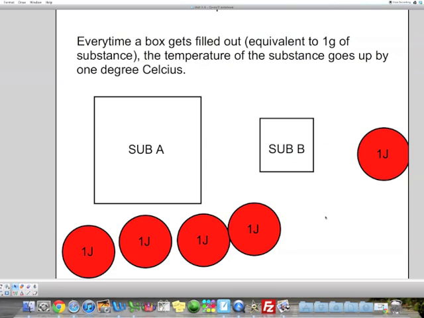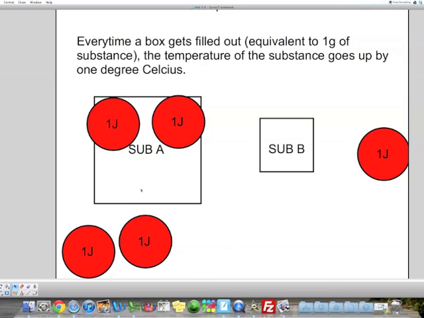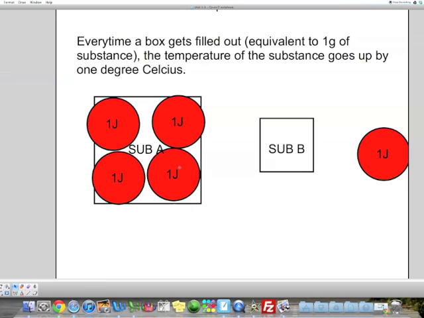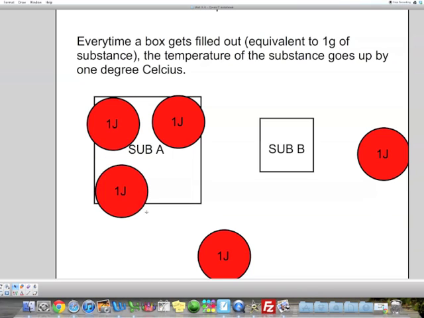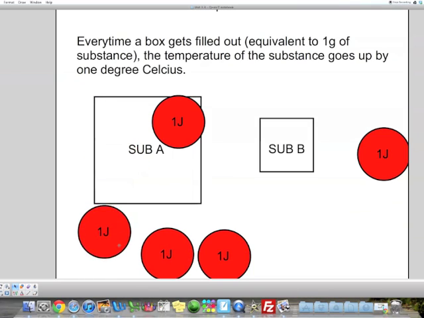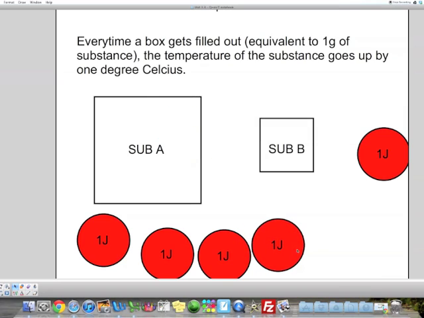Now, if I were to ask you which one will store the biggest amount of energy, again, obviously, it would be substance A. So substance A takes longer to warm up, takes longer to cool off, but it will store the biggest amount of energy. If I may make a parallel, this could be, for example, let me write it down just to help out the explanation, water.